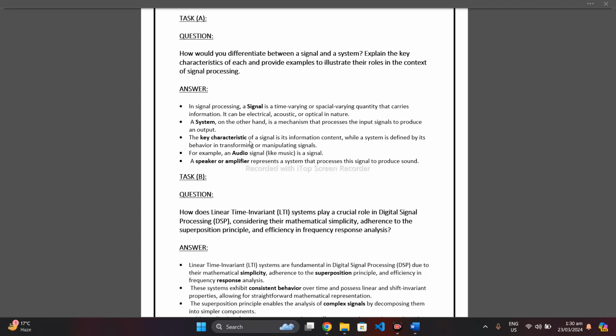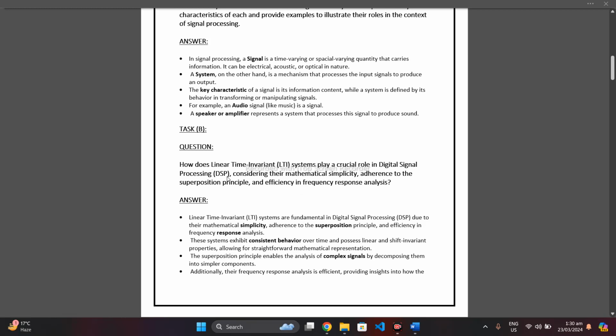The key characteristic of a signal is its information content, while a system is defined by its behavior in transforming or manipulating signals. For example, an audio signal like music is a signal. A speaker or amplifier represents a system that processes this signal to produce sound.